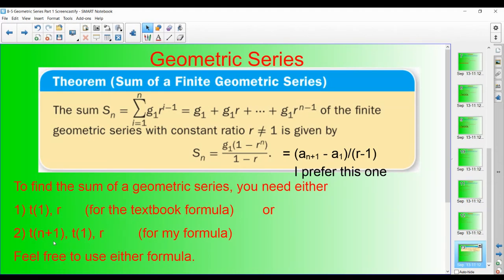For mine, you need to know the term after it, which you can get by taking the last term and multiplying it by the ratio, or you can use the textbook formula. Both formulas are equivalent. I like mine because there's no distribution. I think it's a little bit cleaner, but they're both the exact same and they both will work. So you'll pick a formula that you like, and this is how we find the sum of a geometric series.